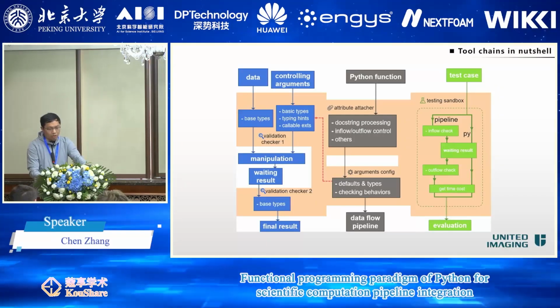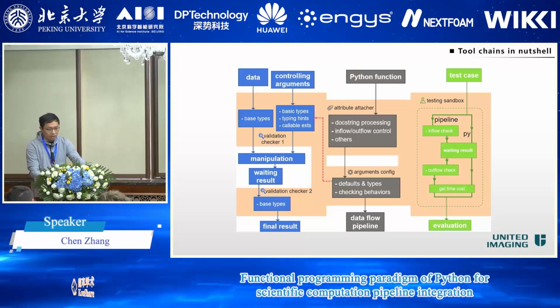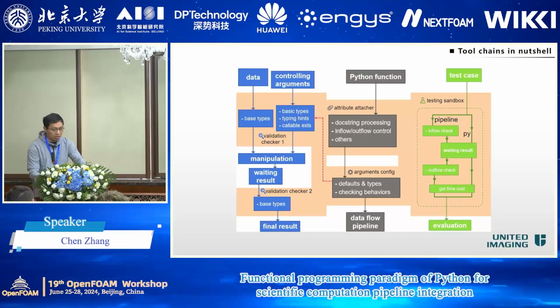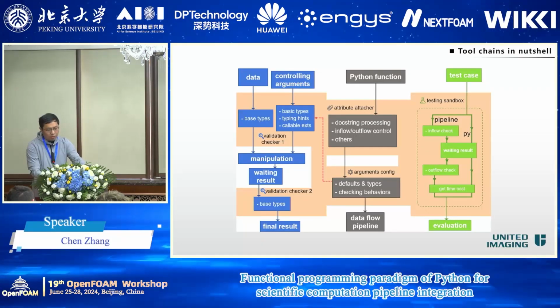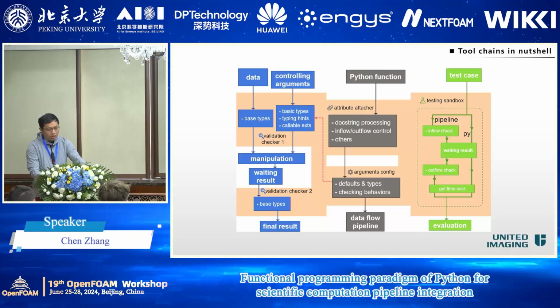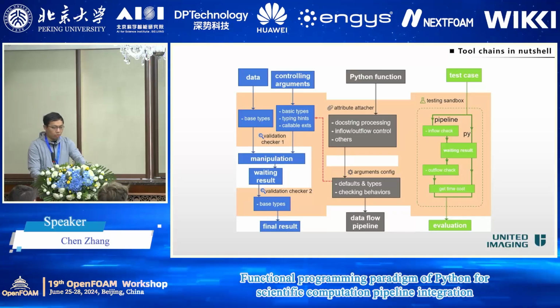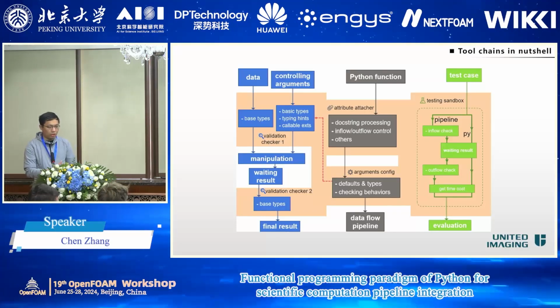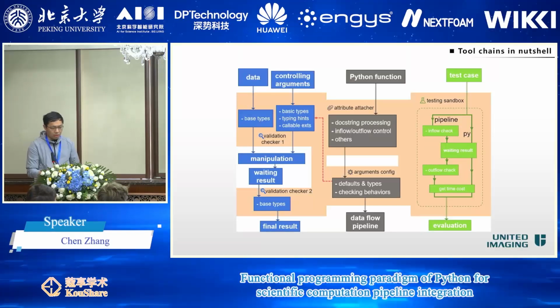The gray utility is used for attaching attributes and setting parameter configuration for that Python function. With that parameter configuration, we can use Navi1 to control the data input and output.